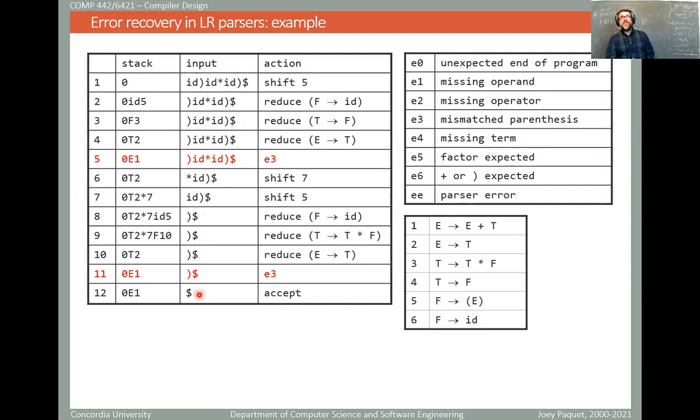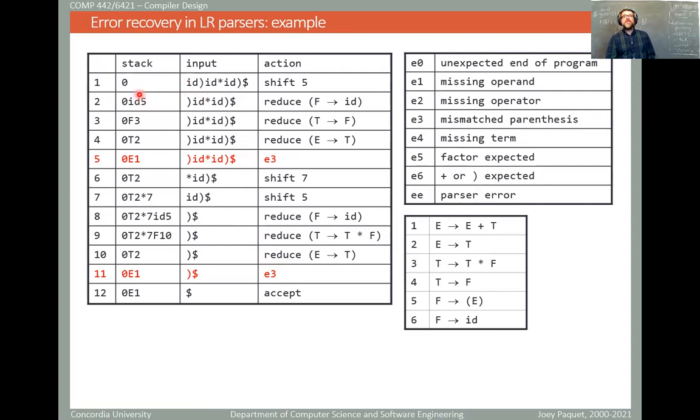Essentially, this whole thing is going to finish, having parsed successfully ID times ID, and having skipped this open parenthesis, this ID in the first place, in the first error, and then skipped this close parenthesis in the second error, which I have highlighted in red here.